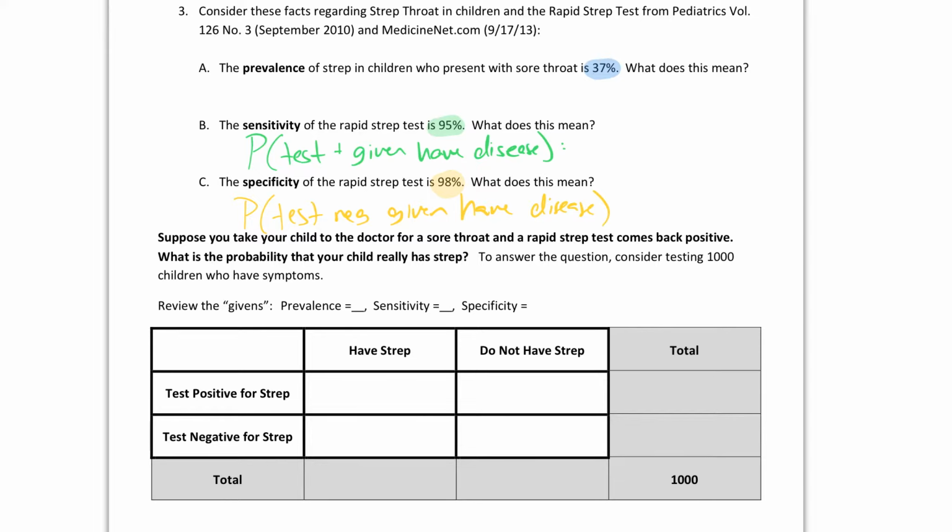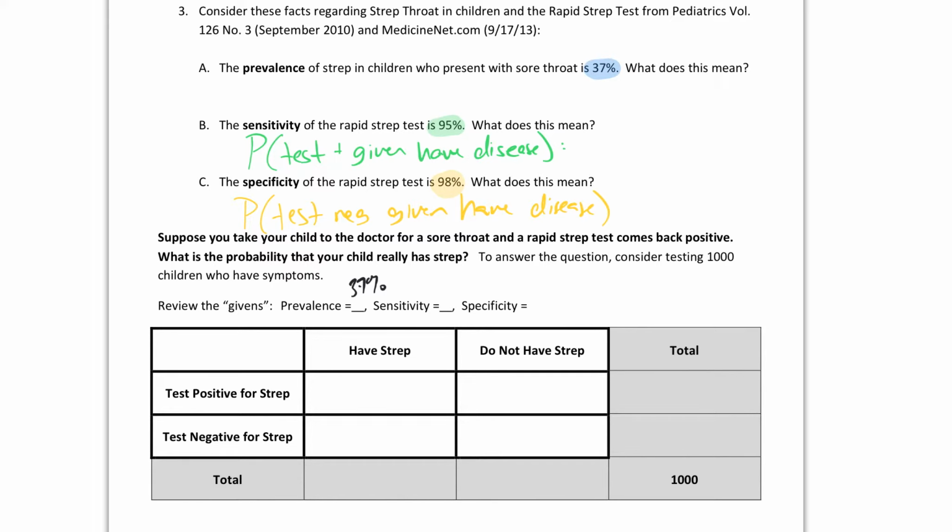The prevalence here was 37%. Prevalence is the percent of the population that actually has the disease. In our example, we have a population of 1,000 people. If strep throat has a prevalence of 37%, that means 37% of 1,000, which is equal to 370.